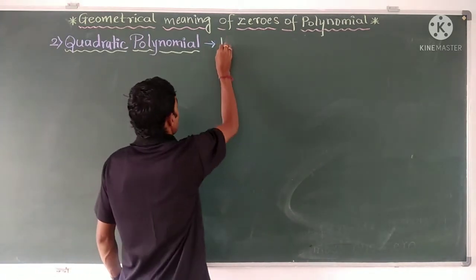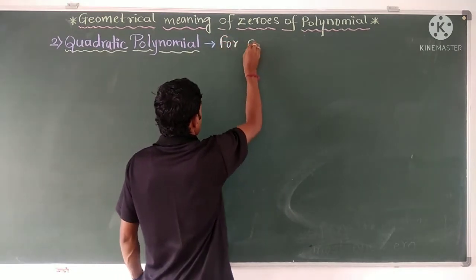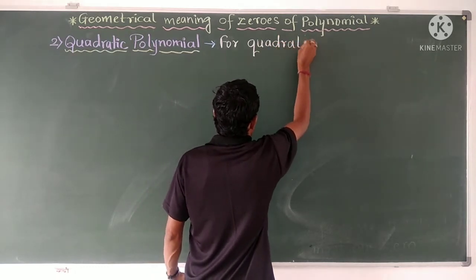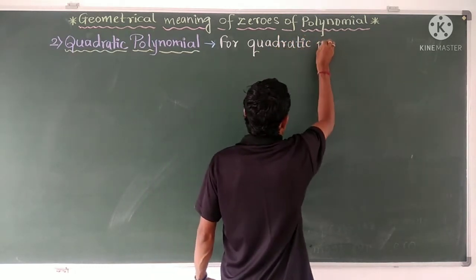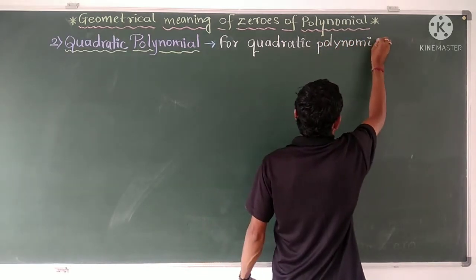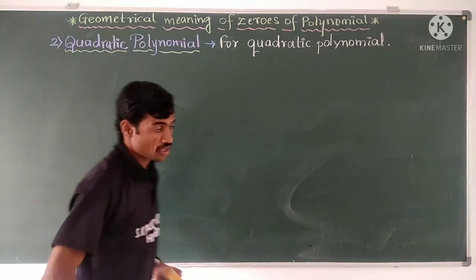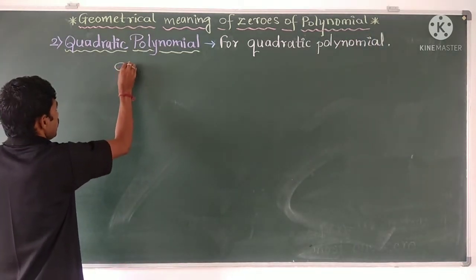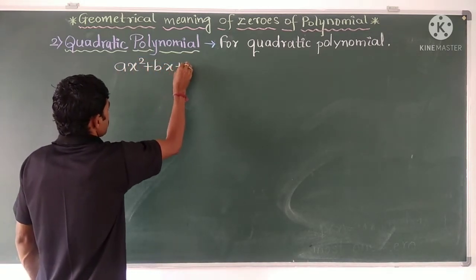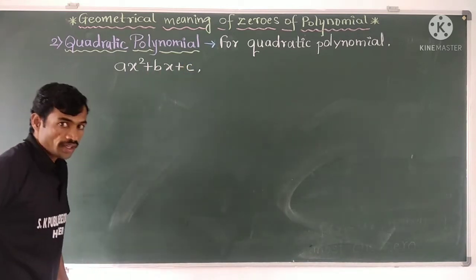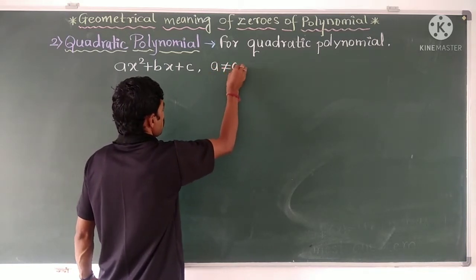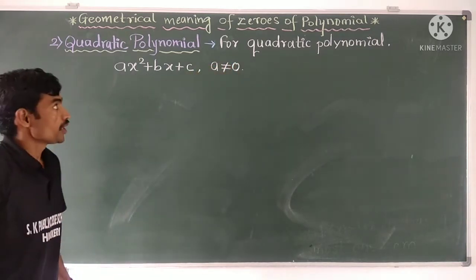Look here. For a quadratic polynomial, the general form is ax square plus bx plus c, and a should not be equal to 0.